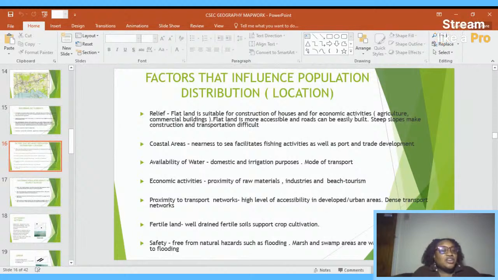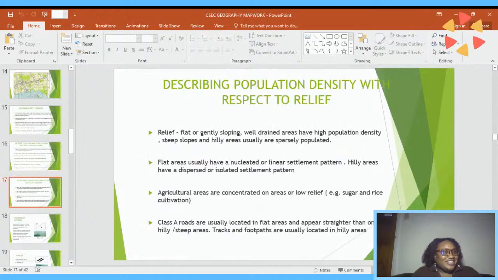When I say marginal areas, I mean areas that are at risk or prone to natural hazards such as flooding and landslides, right? You will not willingly locate, or settlements should not be built, in swamp areas because they are prone to flooding. But we know what happened in Trinidad, right?